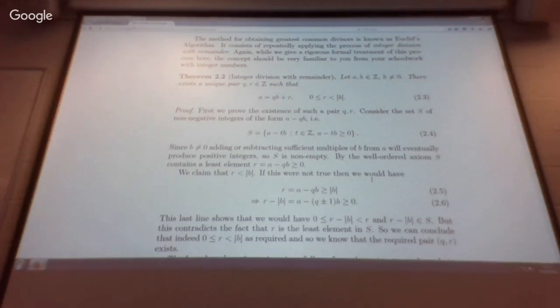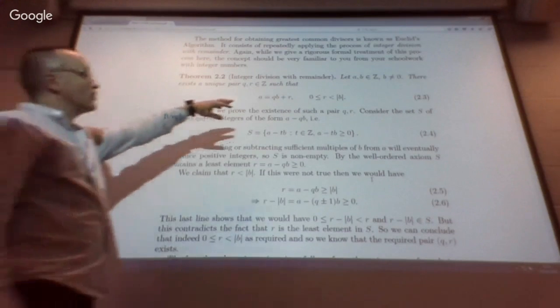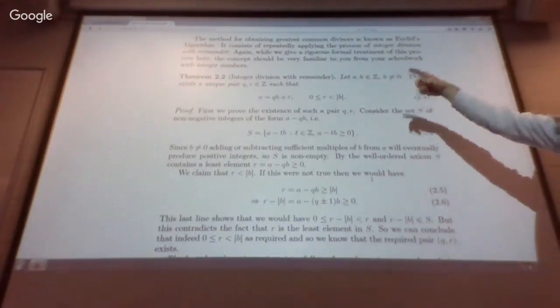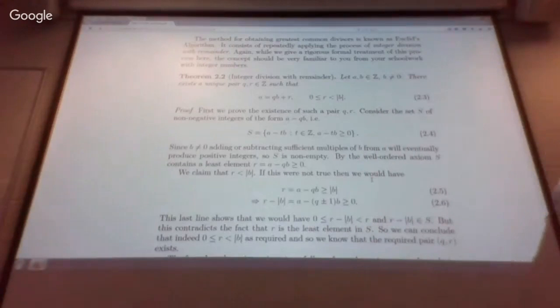Our typical way of thinking about this, of attaching labels to these things, is to talk about performing integer division on the pair A and B, dividing A by B, but just working in integers.